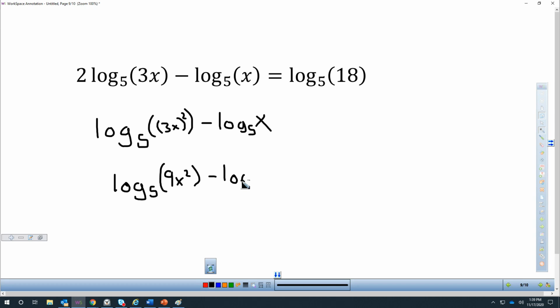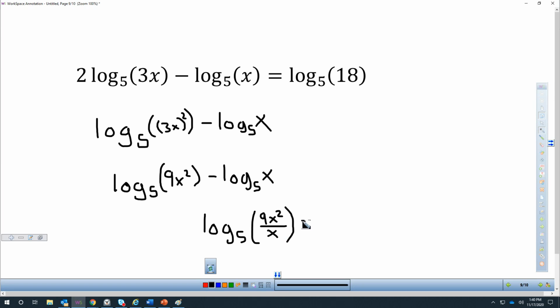And so at this point, I can use my quotient rule because I'm subtracting these two things. This will be equal to log base 5 of 9x squared over x. Okay, just using my quotient rule to say this thing and this thing, because I'm subtracting the logs, I can then just put them inside one log and divide them.